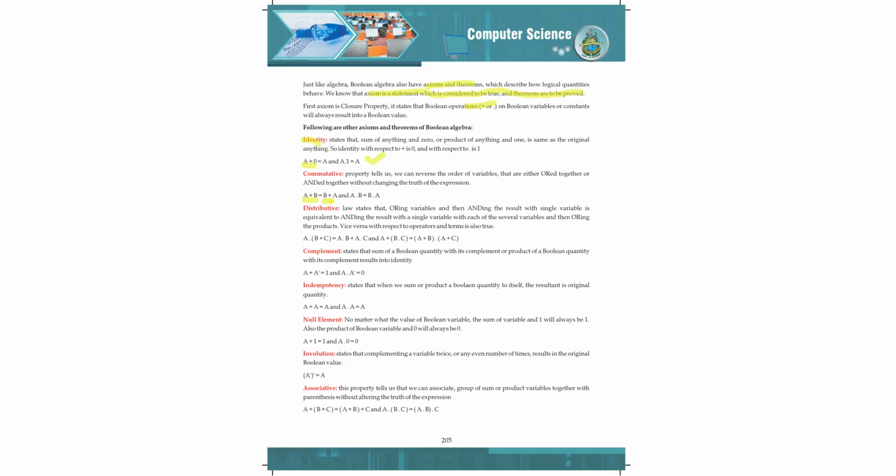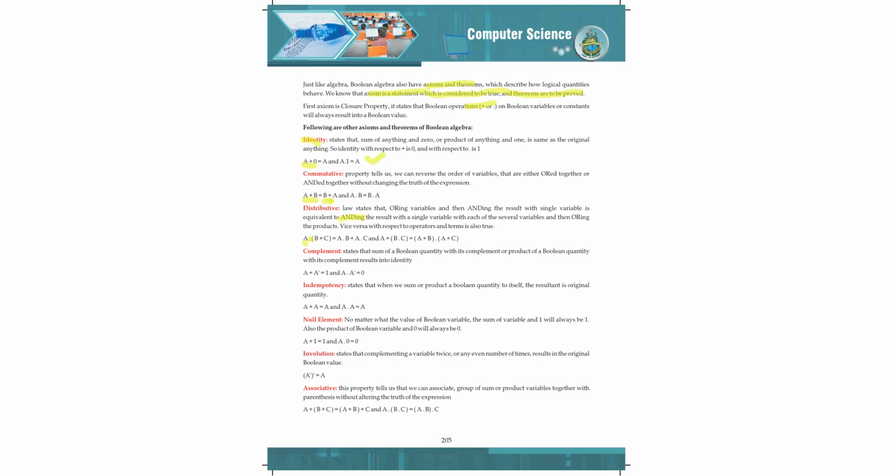A dot (B plus C), where dot means the AND operator, is equal to A dot B plus A dot C.